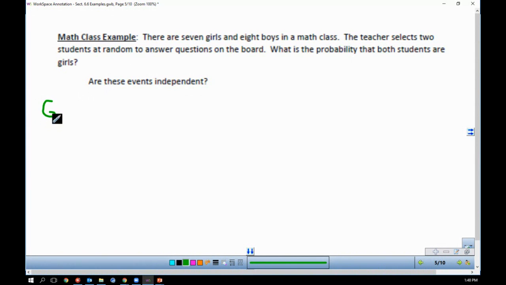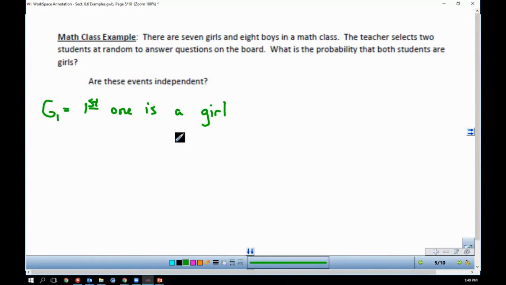Let's see, if G1 is the event that the first one is a girl. That's independent. You said dependent or independent? I'm just guessing which one, right? I would say dependent. Dependent? Yeah. Well, okay, so if one's a girl, they go up there. Will that change the probability that the second one's a girl? That's what I'm saying, because if there's one already up there, there's fewer girls to pick from.